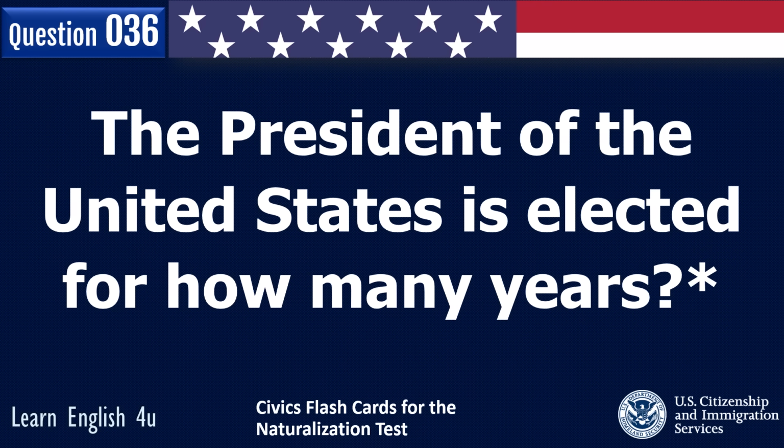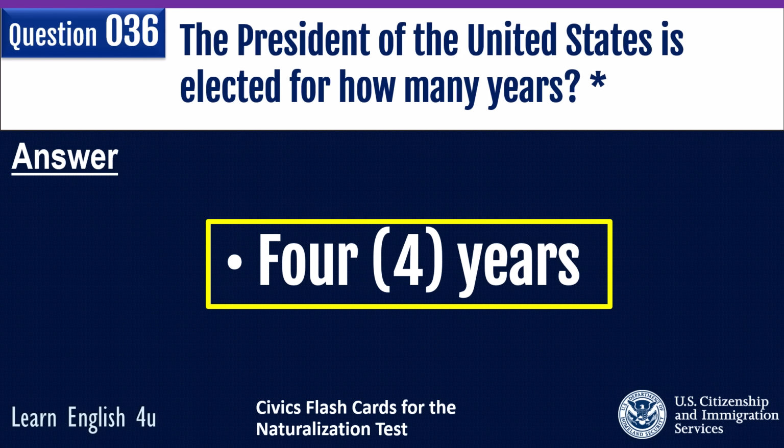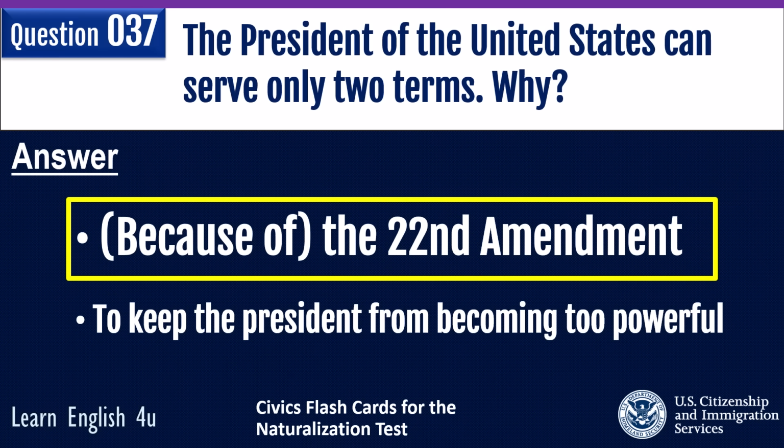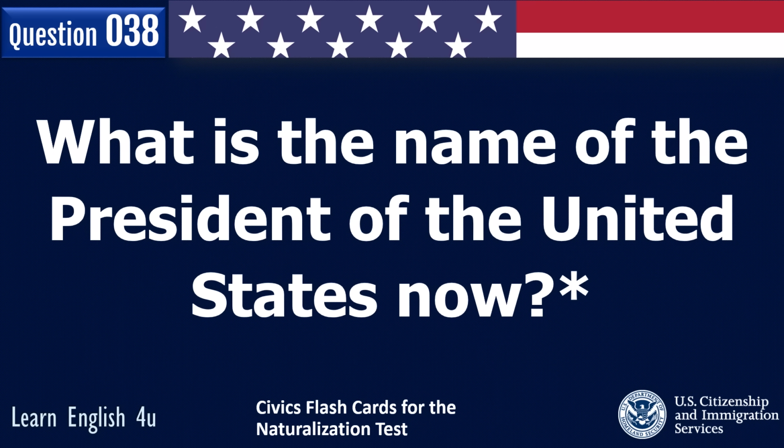The President of the United States is elected for how many years? 4 years. The President of the United States can only serve 2 terms. Why? Because of the 22nd Amendment. What is the name of the President of the United States now?